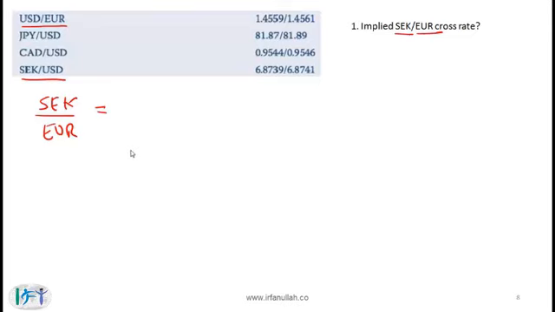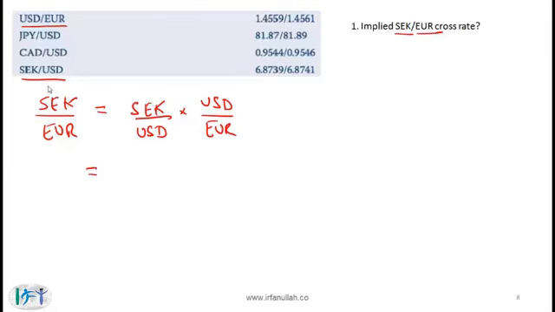So these are the two rates that we will need to use. So this can be written as SEK over USD, where USD is the base currency, multiplied by USD over euro. So this would be a simple multiplication.